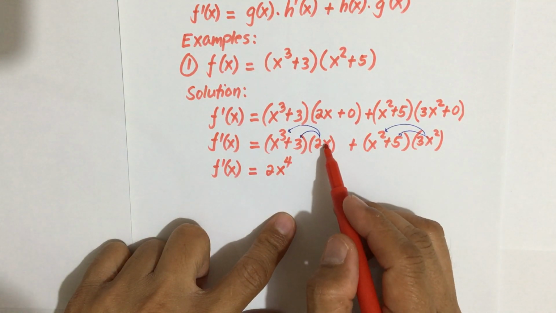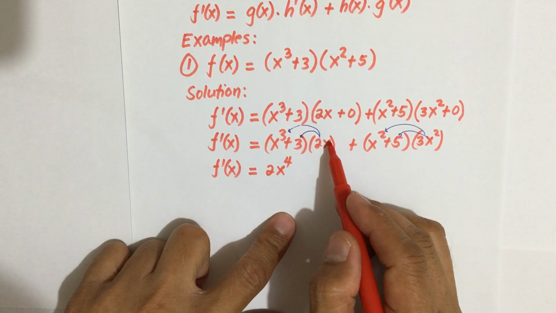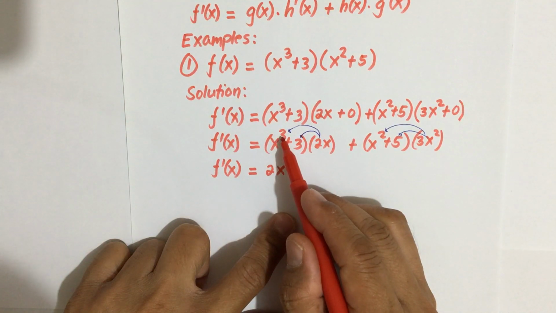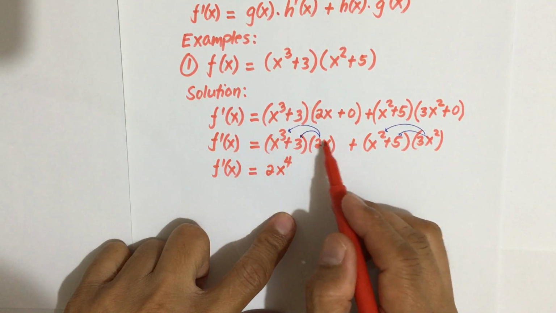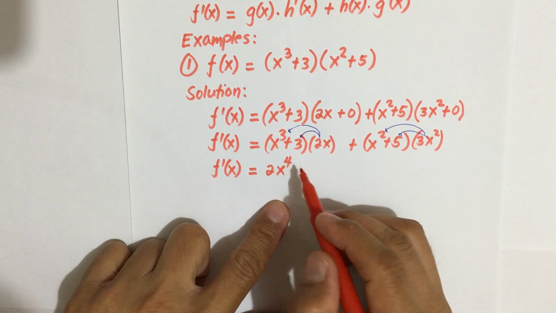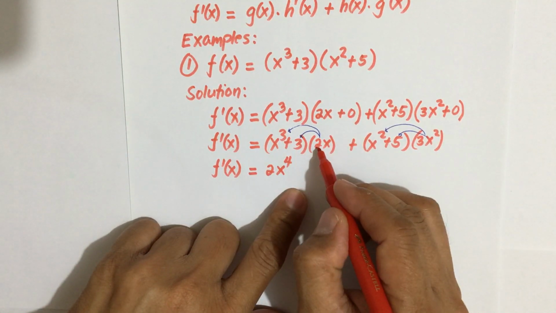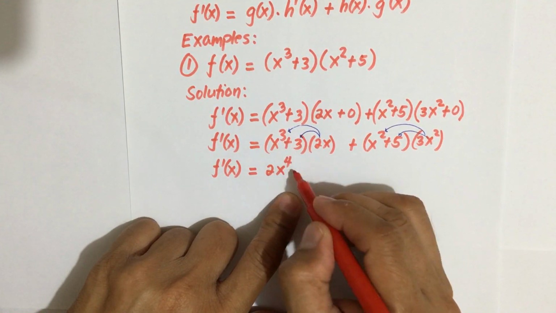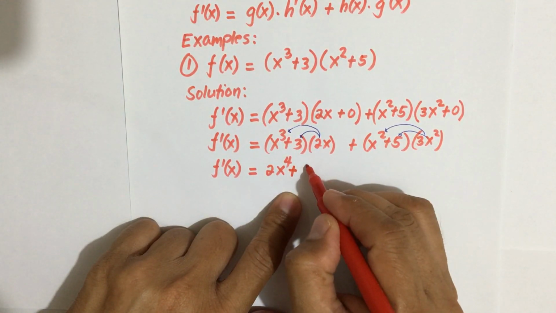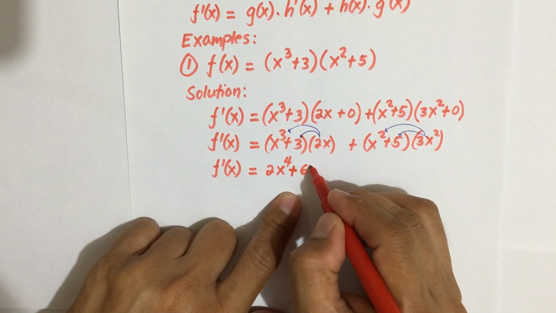The power of this x is 1, the power of this x is 3. When you multiply them, the powers will be added. That's why we have 2x to the fourth. Then 2x times 3, so this is plus 6x.